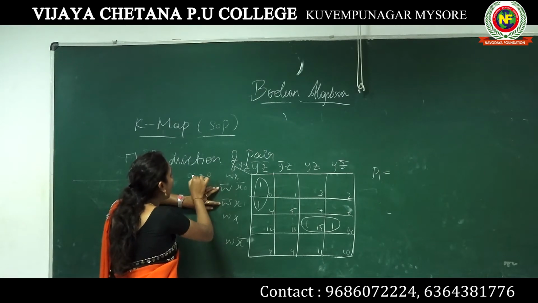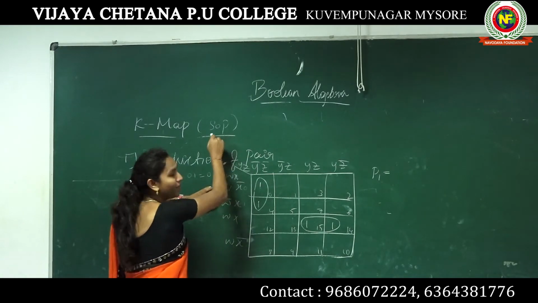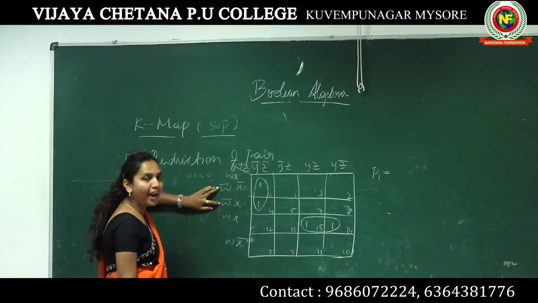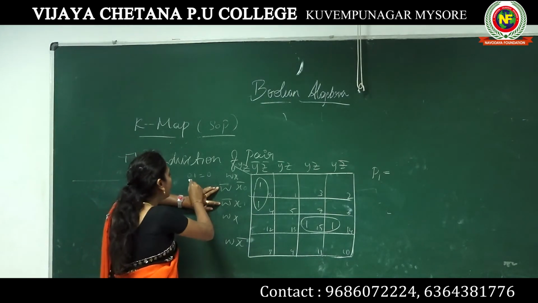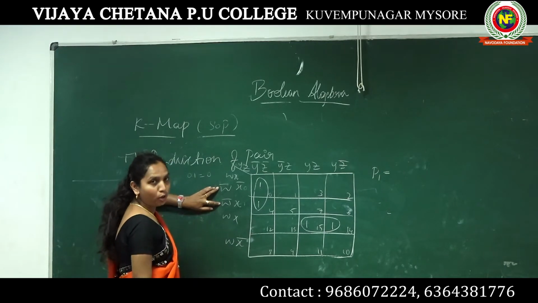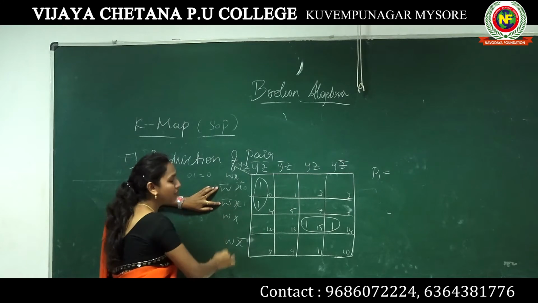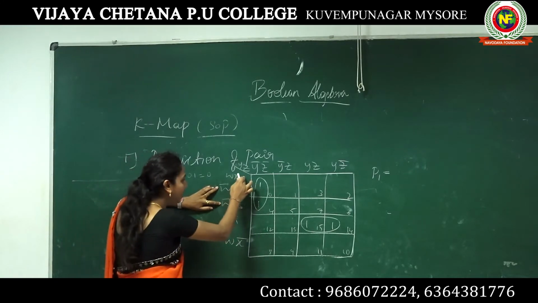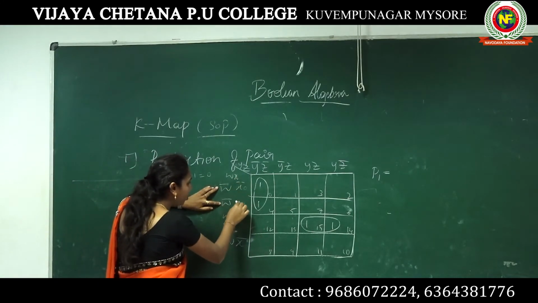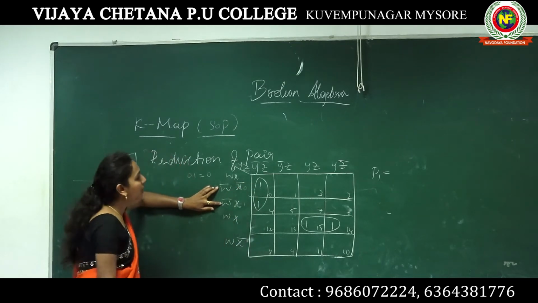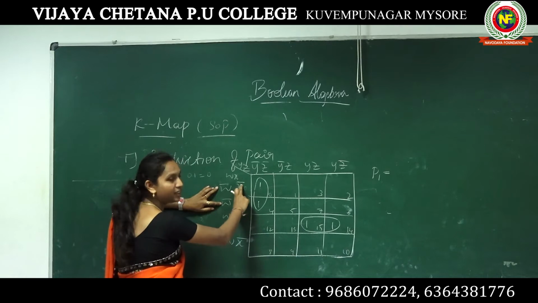That is 0 in AND operation, because SOP is an AND operation. That's why here x and x bar will be cancelled. Don't cancel it here, just to make you understand, I just write the cancellation here. Here x and x bar cancel.